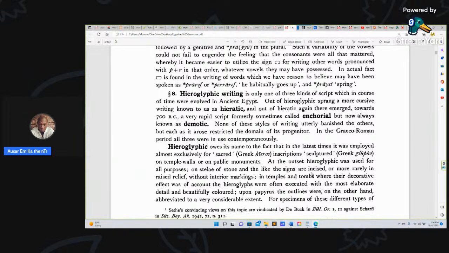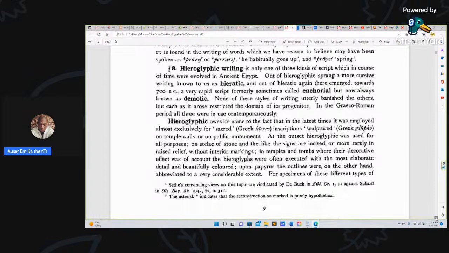The signs are incised or more rarely in raised relief without interior markings. In temples and tombs where their decorative effect was of account, the hieroglyphs were often executed with the most elaborate detail and beautifully colored. Upon papyrus, the outlines were, on the other hand, abbreviated to a very considerable extent. For specimens of these different types, that in a minute.